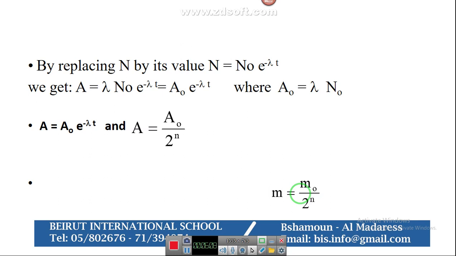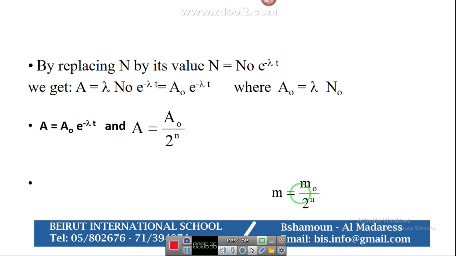How to find the other formulas of activity? First of all, N equal N0 e to the minus lambda t. If we multiply by lambda, this gives lambda N equal lambda N0 exponential, and lambda N0 is equal to A0. This means that A equal A0 e to the minus lambda t.